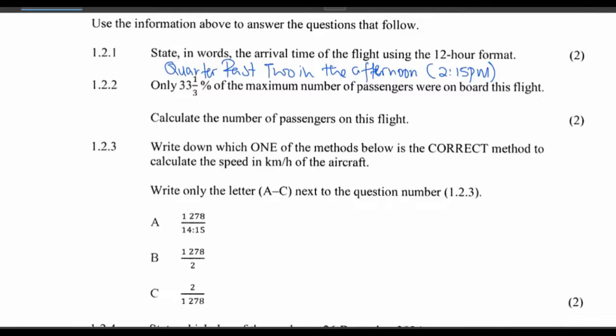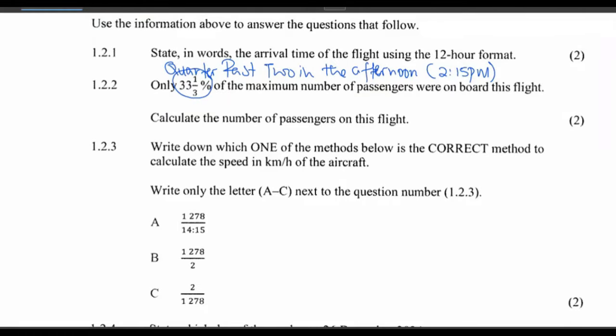Only 33.33% of the maximum number of passengers were on board this flight, so calculate the number of passengers. What you do first is change this into percentage format. It will be 99 plus 1/3, which is 100/3, so it becomes 100 over 3. But remember, it's still a percentage, meaning you're dividing by 100.